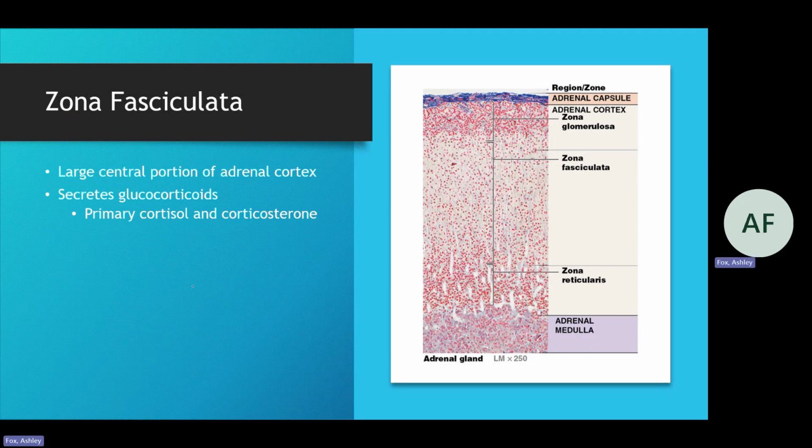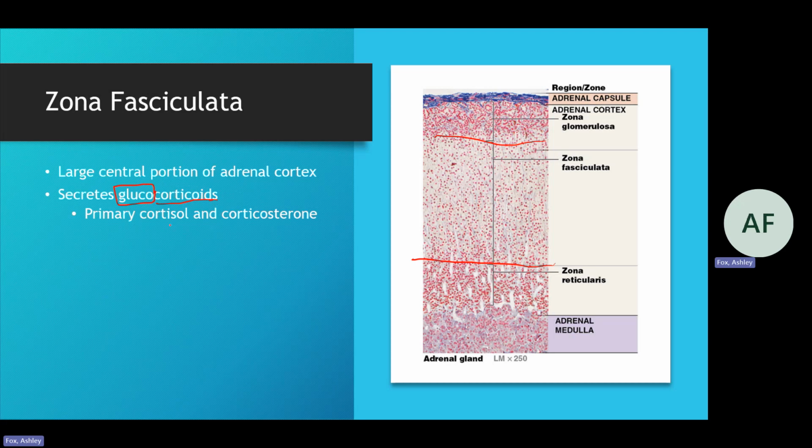So the next layer of the adrenal cortex is going to be called the zona fasciculata. And that's the biggest region in the middle. So it's the middle region. This secretes what we call, so we've gone through mineralocorticoids, and now we're at glucocorticoids. Still in the cortex, still a steroid, but this is going to have to do with glucose.